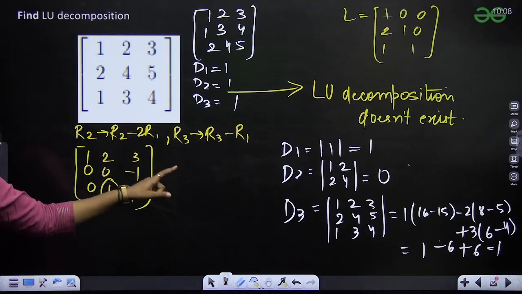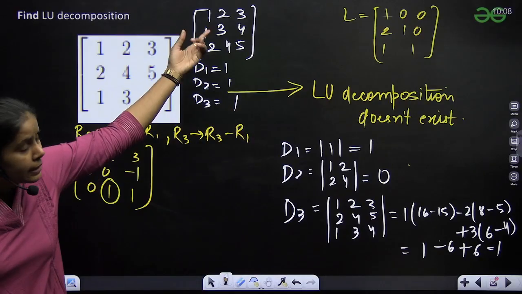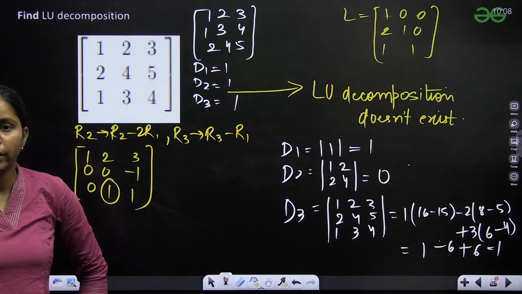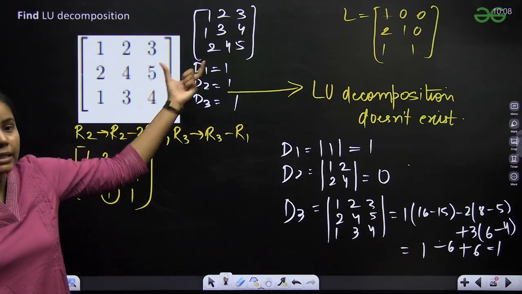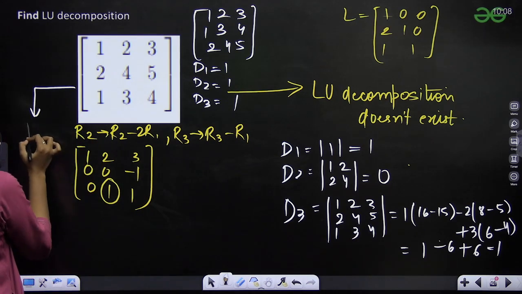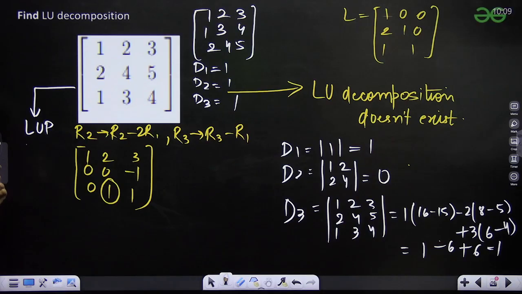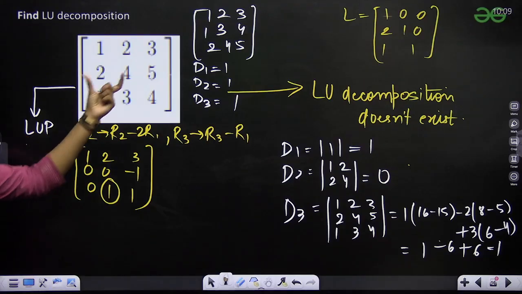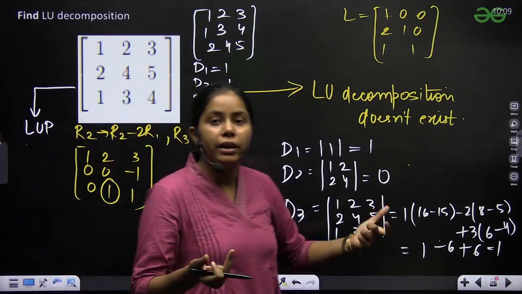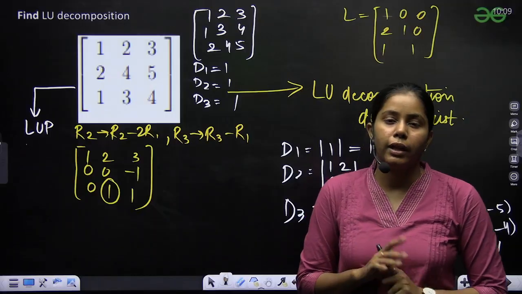All leading minors have non-zero values, so its LU decomposition exists, but these are not the same matrix. So I'll say that for this matrix, LUP exists. LUP is lower upper triangular, and P is for permutation. This matrix exists because I have permuted this matrix first, and then I am able to find the LU decomposition.